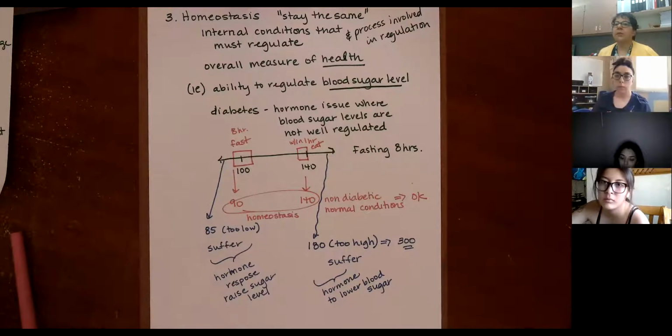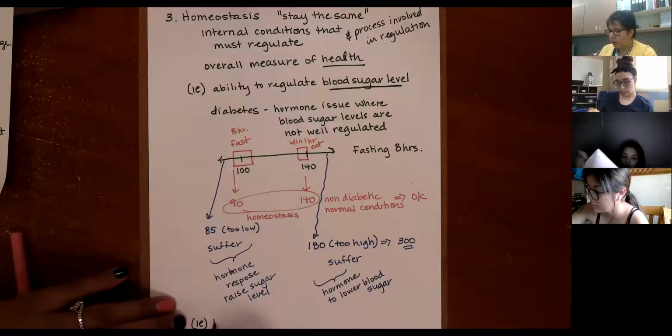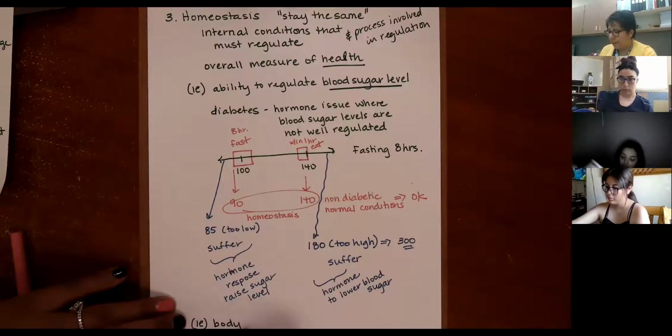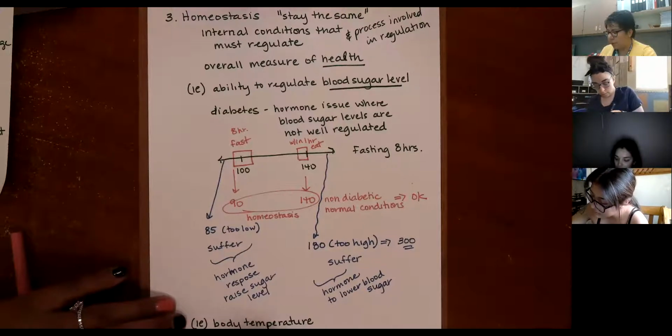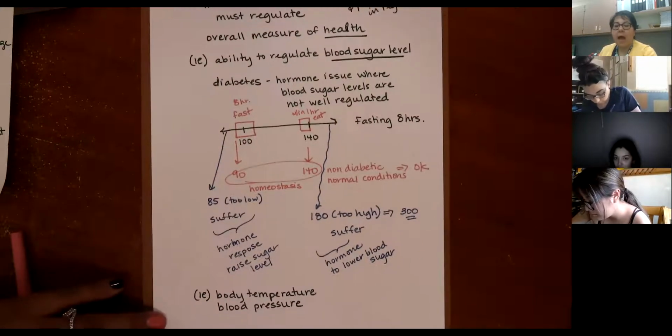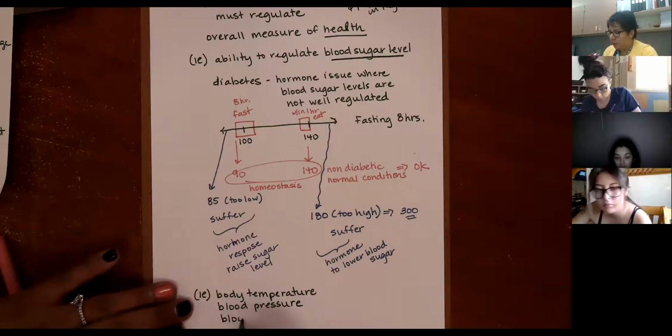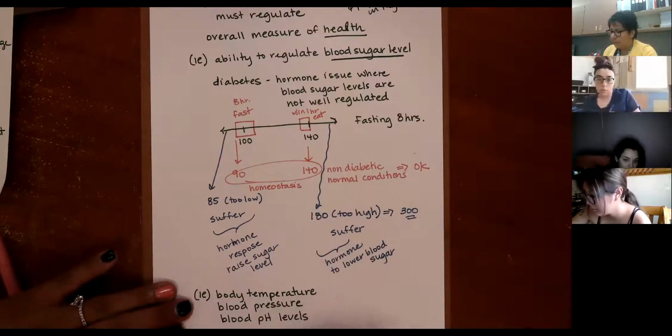Blood sugar levels, it's just one example of your homeostasis. Other examples could include things like your body temperature, your blood pressure, even how acidic or how basic your blood is, your blood pH levels.